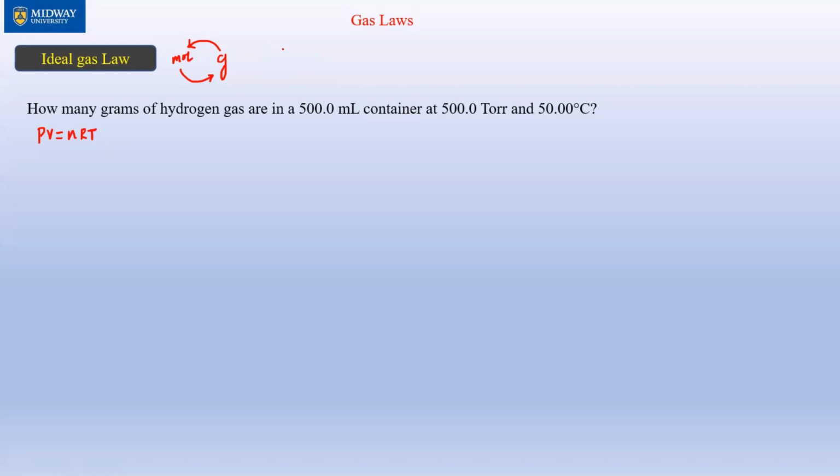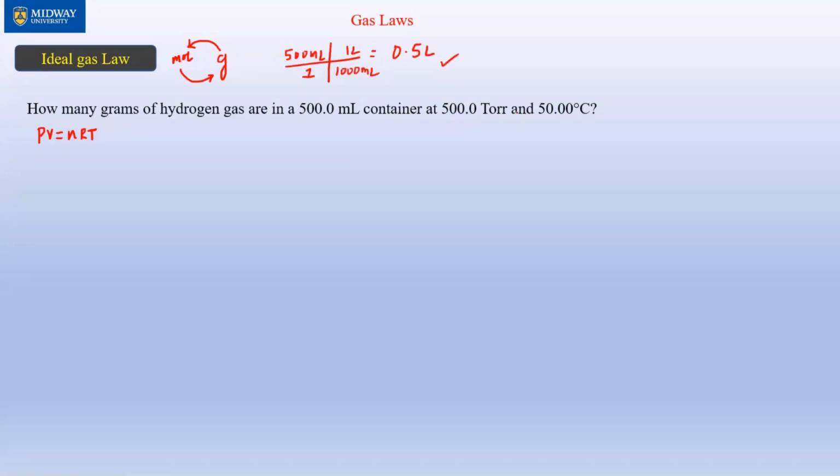As we work one problem at a time, things are not going to be the way you saw in the previous problem. So 500 mL must first be converted to liters, and there are 1,000 mL in 1 liter, so it'll be 0.5 liter. Volume is in the correct unit.